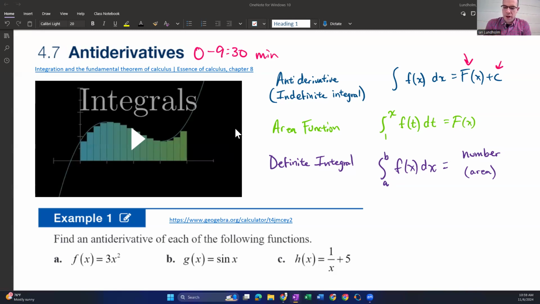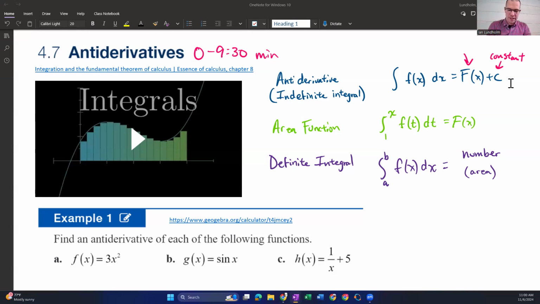This is just some constant, and it's a constant that we could have lost after doing the derivative. So if we took the derivative of this big F function and we had a plus c, when we take the derivative, we would just get f prime, or what we're calling this little f function. So this c can go away when we take a derivative, so we have to add it back when we take an antiderivative.